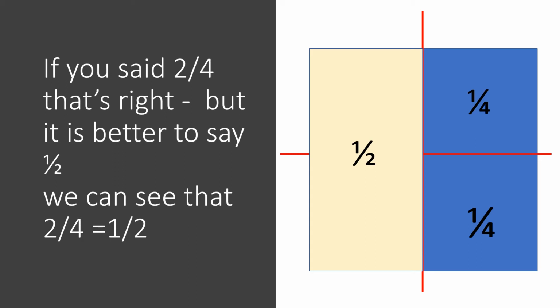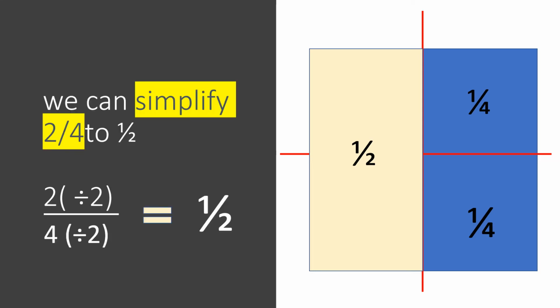It's a simpler way of writing the same thing. And when we talk about simplifying fractions, that's exactly what we mean. We could also have split this into 8 parts, and we could have talked about 4/8, but we don't. We use the easiest one to understand immediately what we mean. So instead of saying 2/4, we say 1/2.